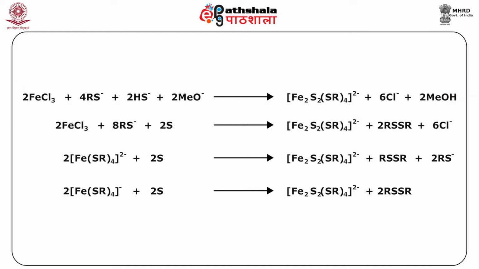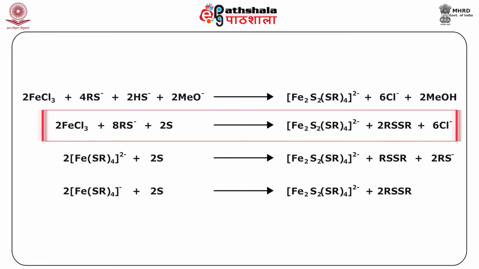Another approach involves taking 2FeCl3, reacting with 8RS minus and 2 sulfur to produce Fe2S2(SR)4 2 minus plus 2RSSR plus 6Cl minus.